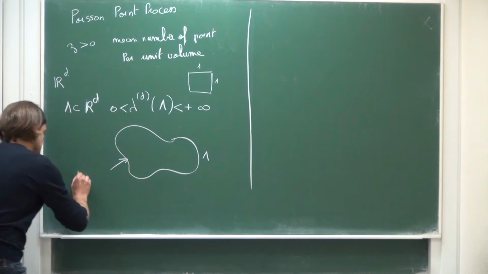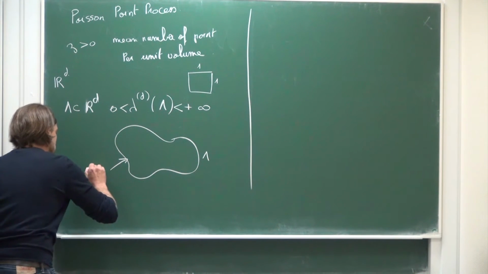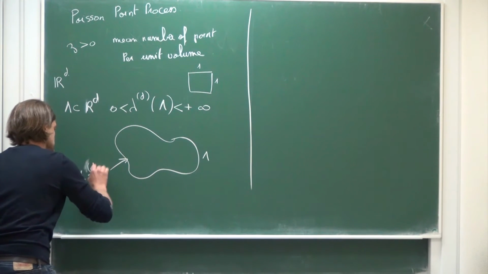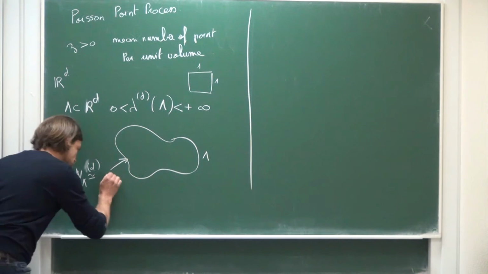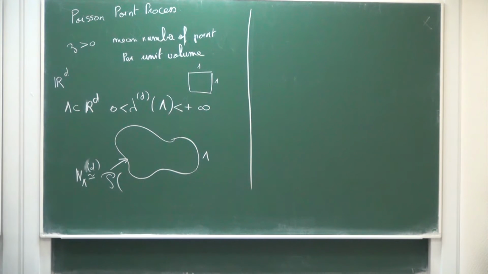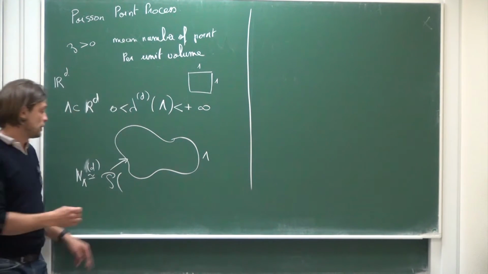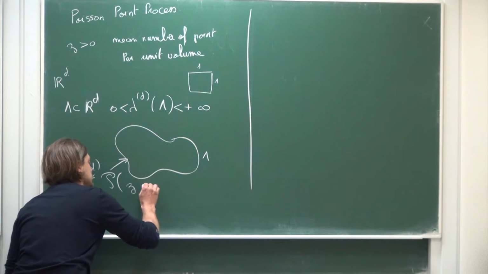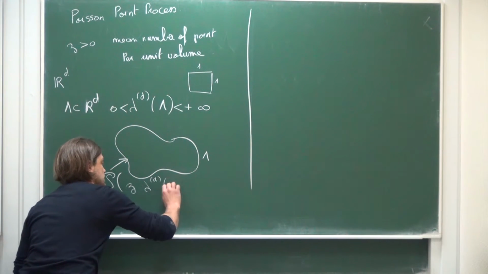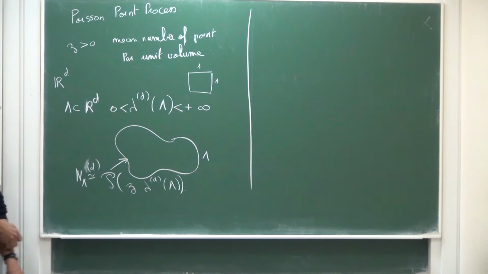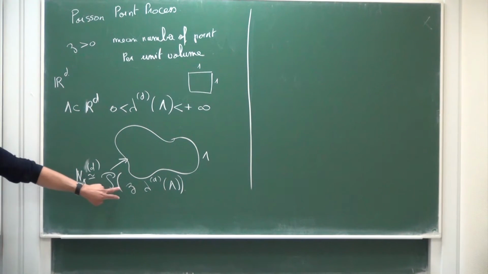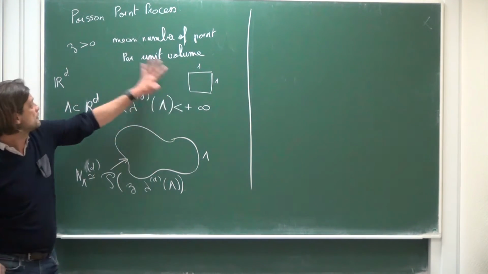The number of points in Lambda will follow in distribution the Poisson law. With parameter, it's quite easy to find because the expected number is exactly the parameter. So with respect to this rule, we put z times the Lebesgue measure of Lambda. We put this number of points. It's random, and its expectation is exactly this quantity. So it's okay for this rule.